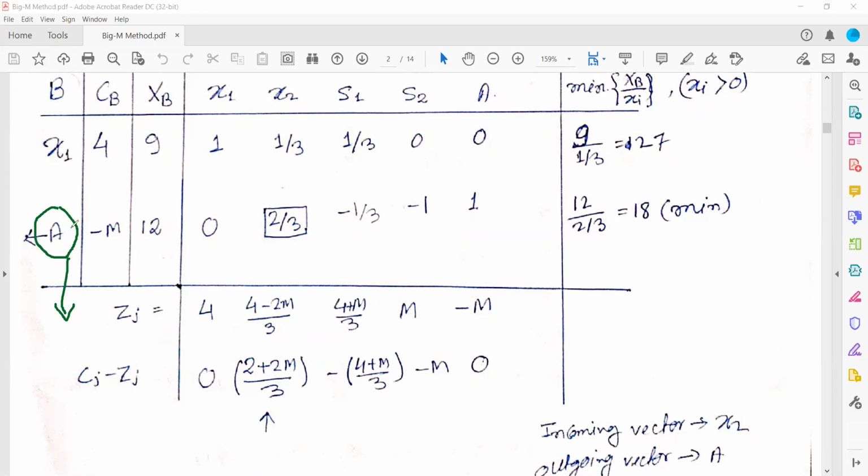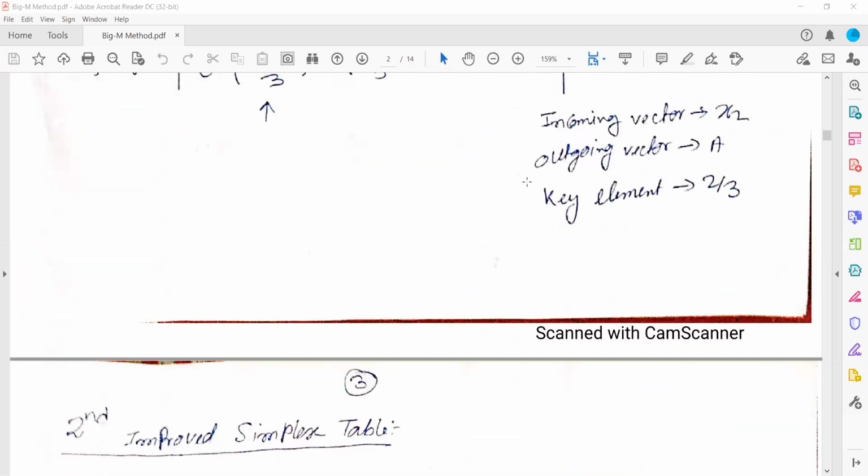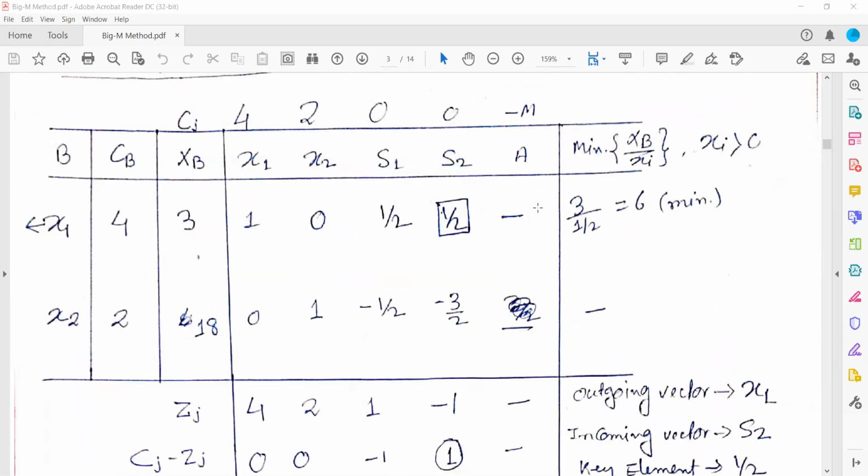Because here the outgoing vector is A, once this variable is gone from the basic variable column, then in the next simplex table there will be no change. Don't write anything below A. If you write, there will also be no impact.